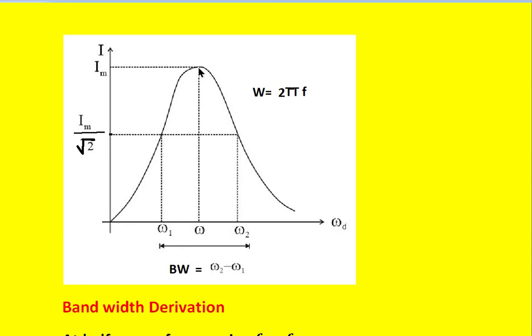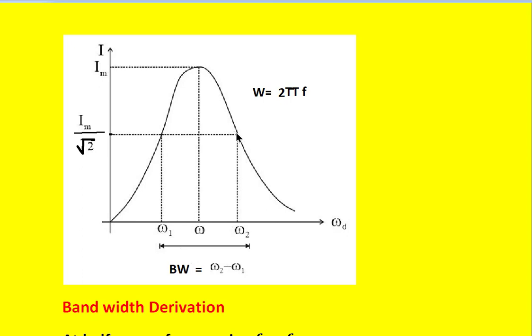And there are cutoff frequencies, that is half power frequencies. Here the power is maximum, whereas here half the power is consumed, that is Em by 2, which occurs when the current in the circuit is equal to Im by root 2, that is this point and this point. When the current is the same, the impedance in the circuit is the same at those points, and those corresponding points we call cutoff frequencies.